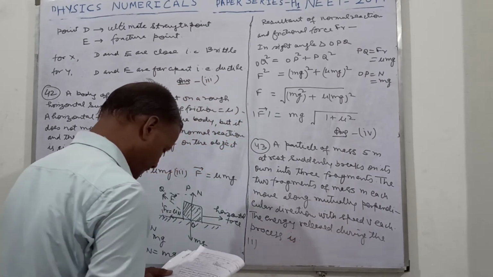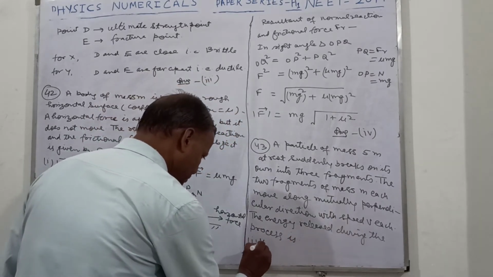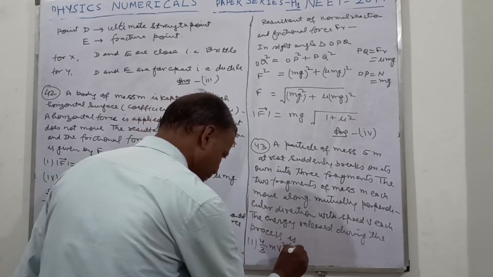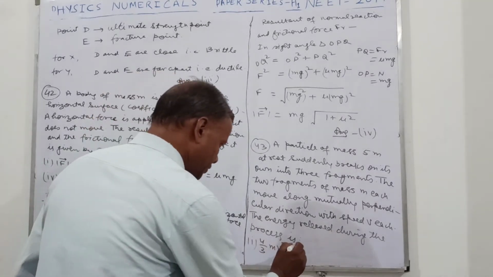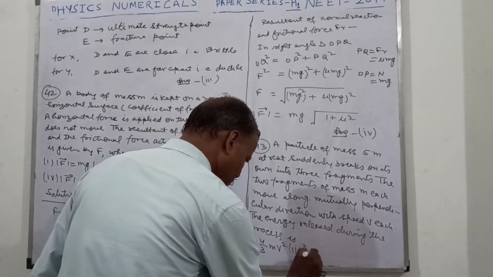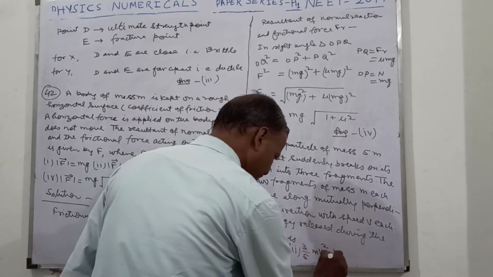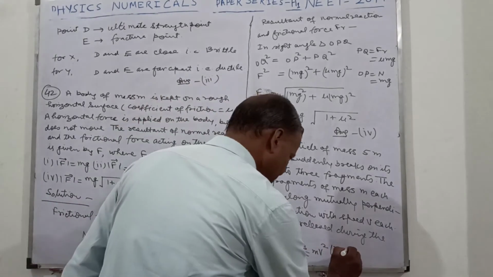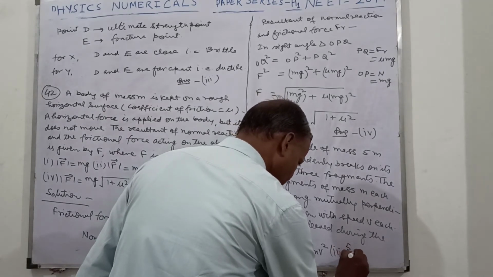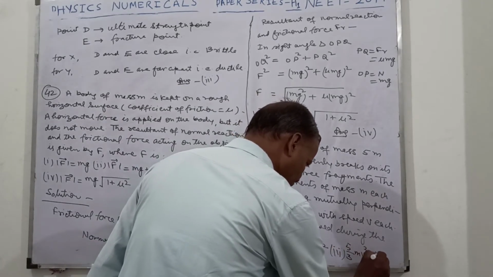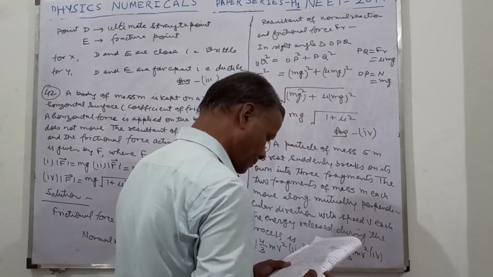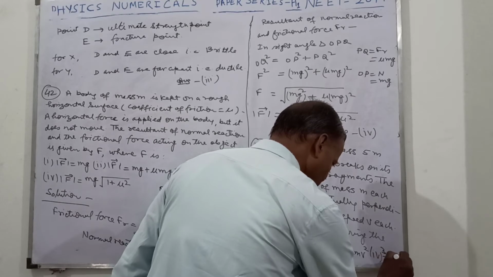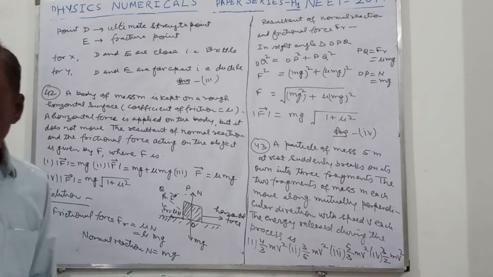First is 4 by 3 mv square. Second is 3 by 5 mv square. Third is 5 by 3 mv square, and fourth is 3 by 2 mv square. These are the options.